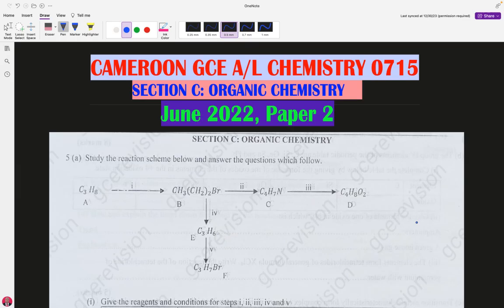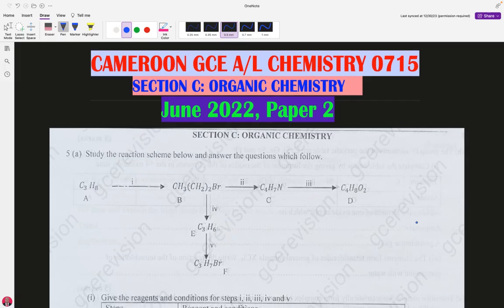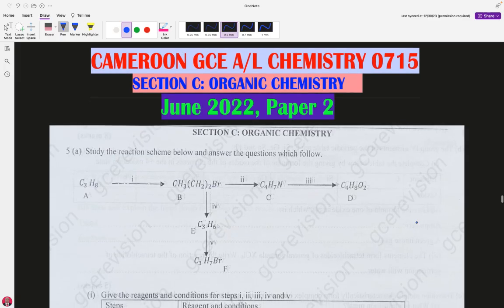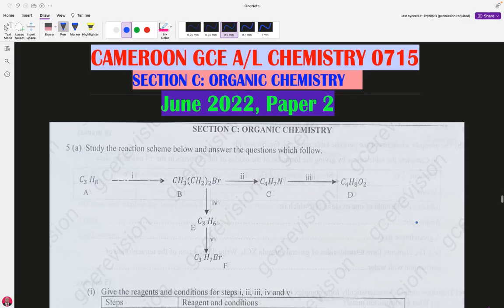You have a schematic diagram here, beginning from compound A, B, C, D, E, and ending with compound F. There are a number of reactions here, so you should be versed with these schematic diagrams and what is required. Let's go straight to the question.